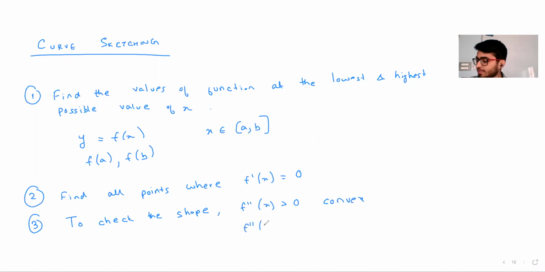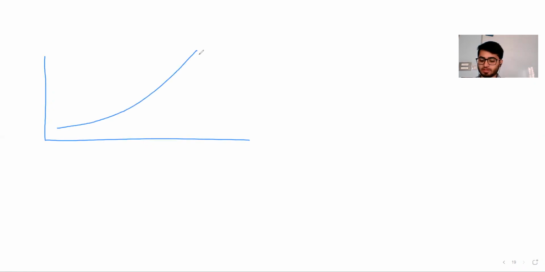And if f double dash x is less than 0, it is a concave shape. Convex, concave, if you want to know how the structure looks like, this is an example of convex. Concave would be this.